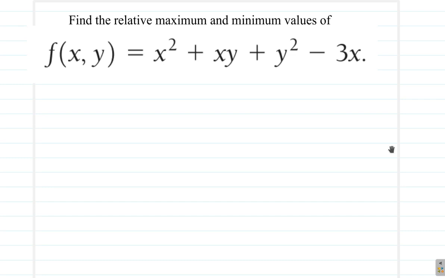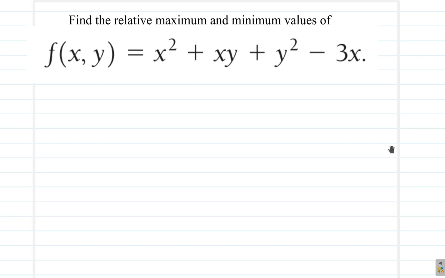We need to find the relative maximum and minimum values of f of x, y equals x squared plus xy plus y squared minus 3x.